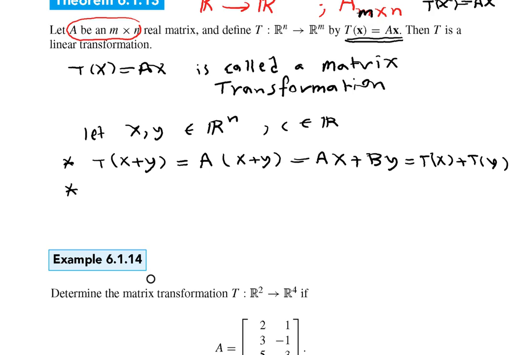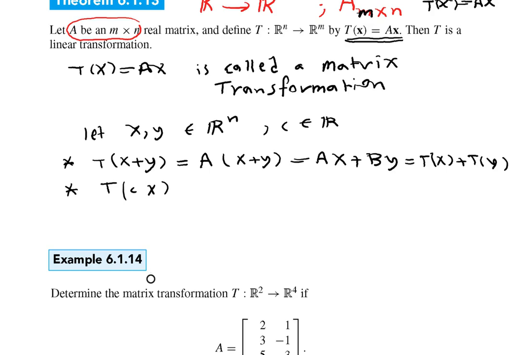The second property says if you have a scalar multiplied by an input, which is not a matrix. One more time, it's x, but it's not a matrix.